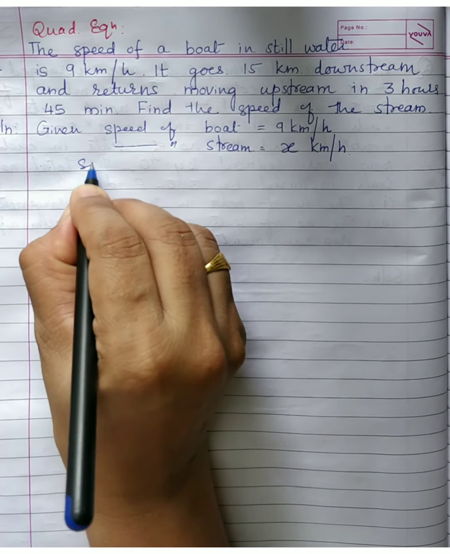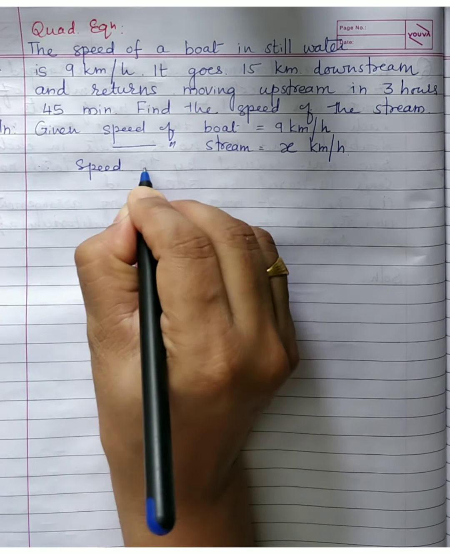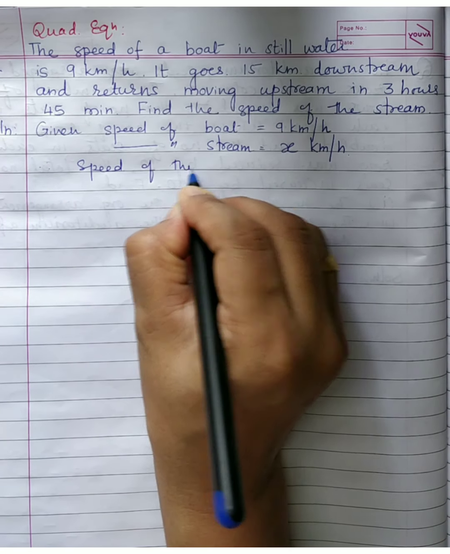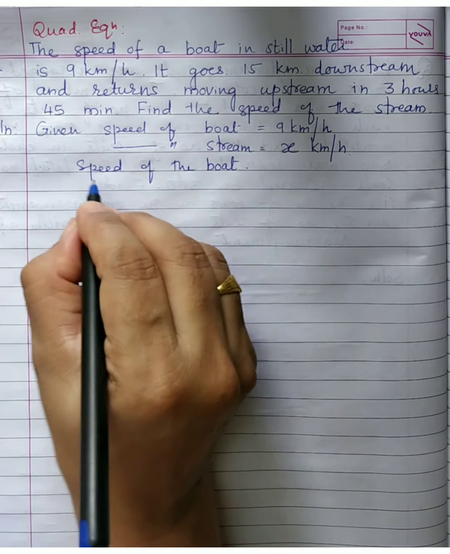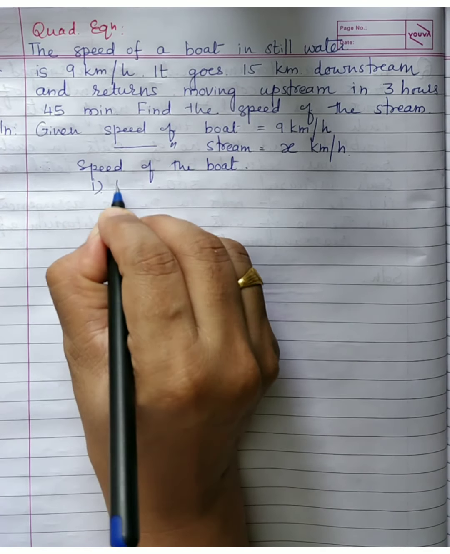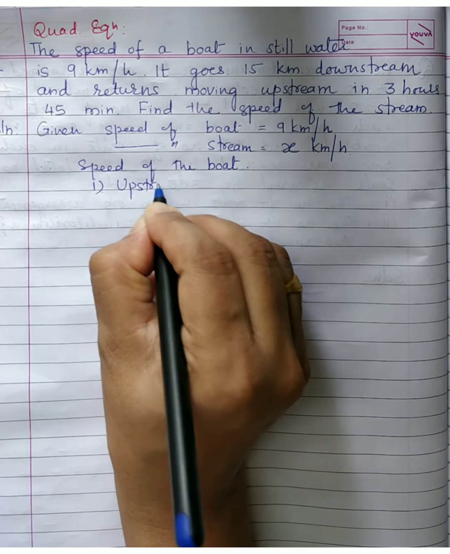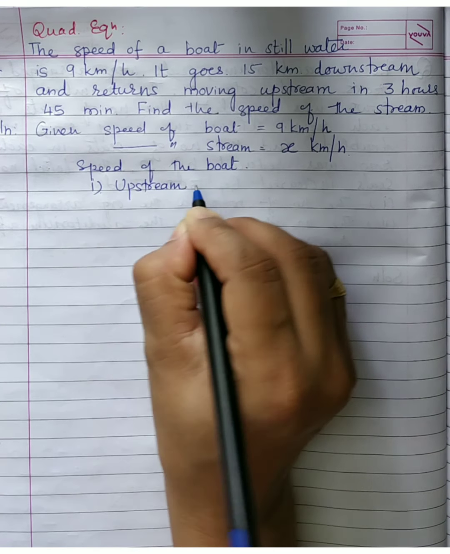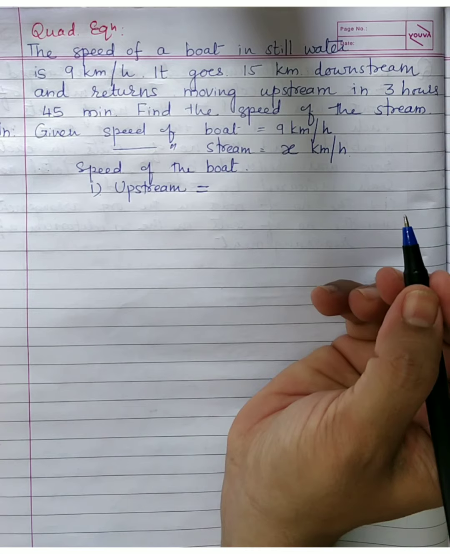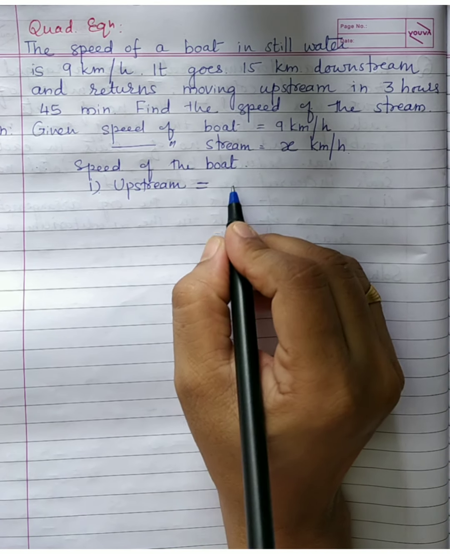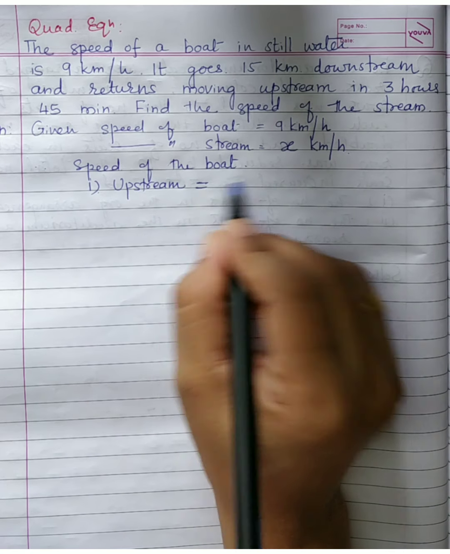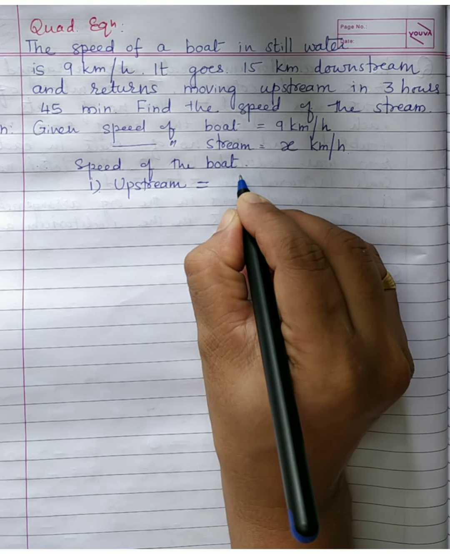So speed of the boat changes, because water is moving. That is why the speed of boat upstream, it will be what? In the opposite direction of water, so the speed will reduce.